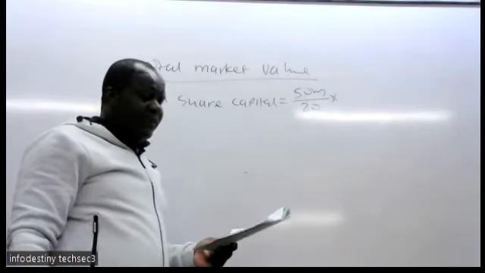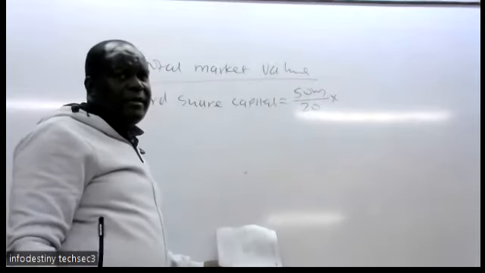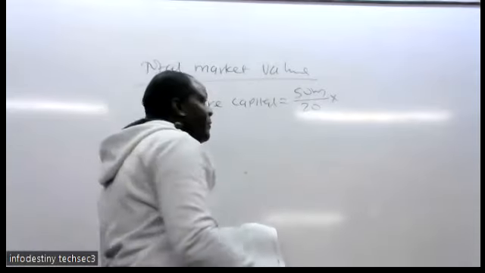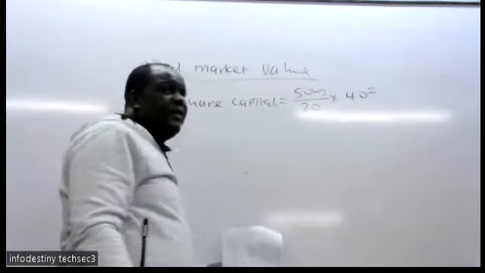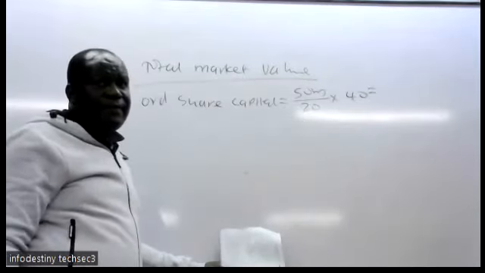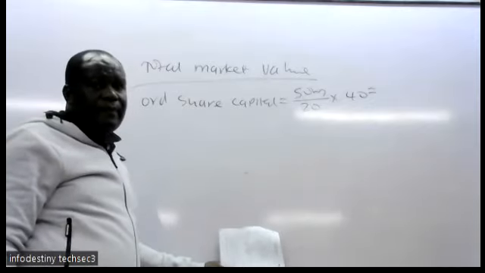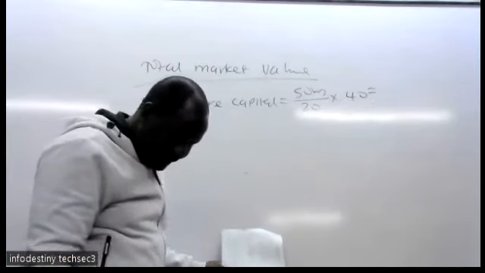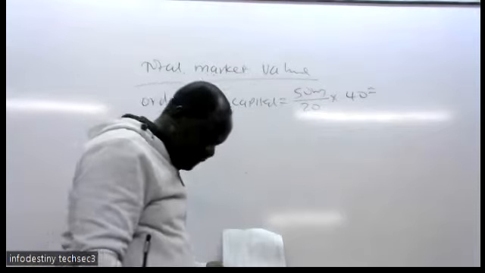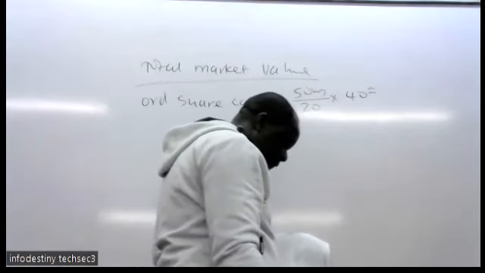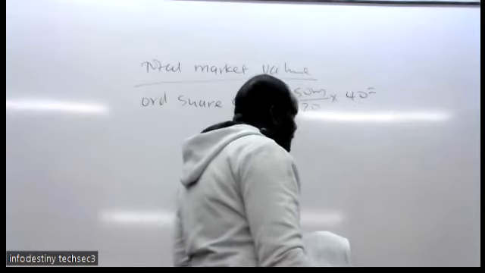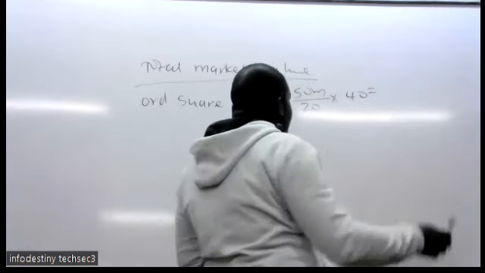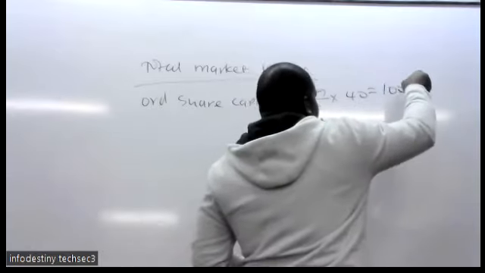When we subtracted the 5, you are left with 40. So value it at 40. We get 100 million.